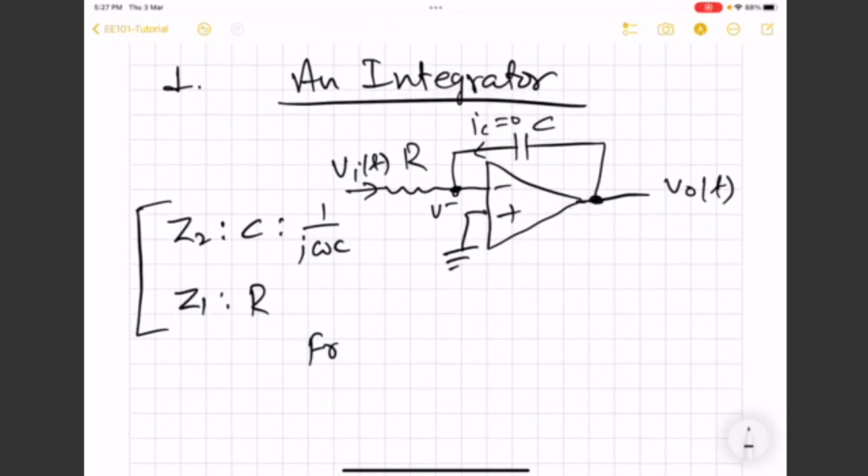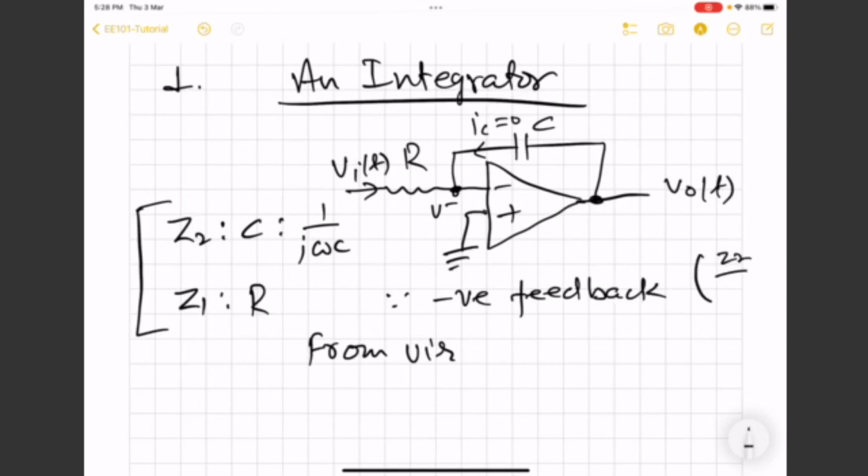Now, since negative feedback is there, we will typically assume that this requirement, this ratio, is not too large and is getting satisfied.